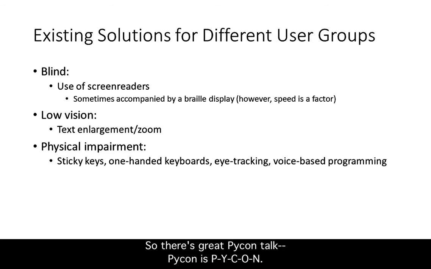So there's a great PyCon talk. PyCon is a conference for the Python programming language, and there's a great PyCon talk in which this gentleman has lost the use of his hands due to repetitive stress injury, and so he spends a lot of time and a lot of work to train his computer to recognize special words and special phonetic sounds to program with his voice.